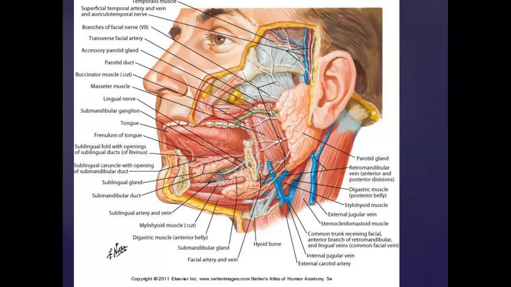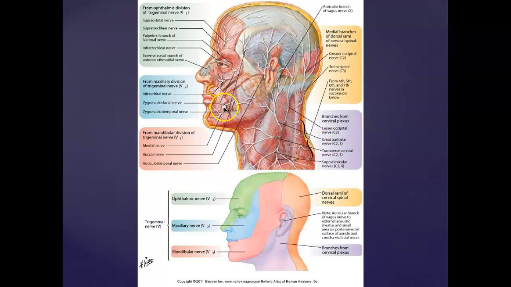If it comes from underneath the masseter muscle, you know that that's going to be the mandibular division of cranial nerve number 5, the buccal branch of the mandibular division. If it comes from superficial to the masseter, out of the parotid, it's going to be a buccal branch of the facial nerve. So a couple nerves here that are a little deep. One's deep, one's superficial, but they both innervate that same kind of area.